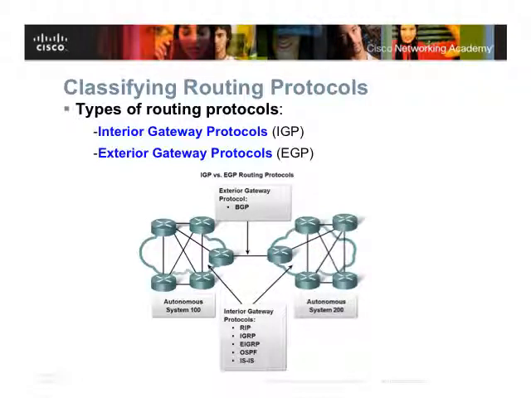Okay? So in other words, interior gateway protocols are used for intra-autonomous system communication, which means internal to the autonomous system, whereas exterior gateway protocols are used for inter-autonomous system communication. Okay? Any question, any confusion?